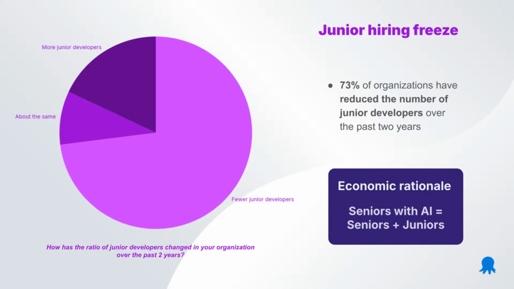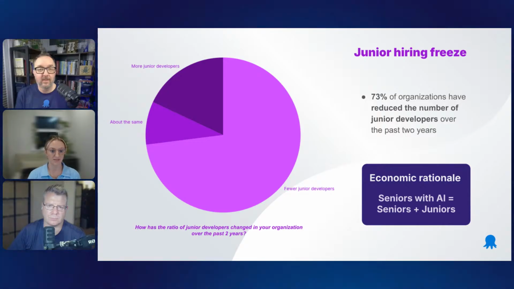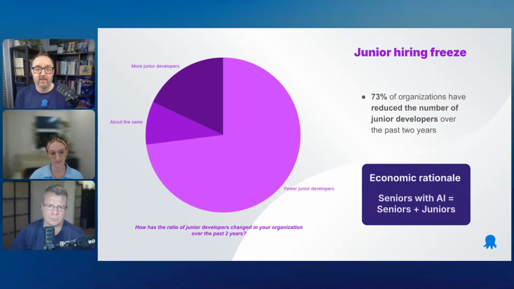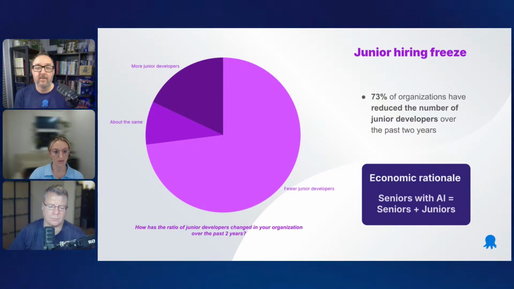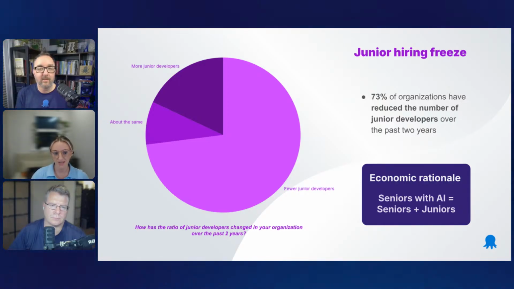This is from some of our primary research, and it's huge. This is also consistent with what's been seen at Google and Meta. Junior developers have been reduced by something like 47% since 2023.